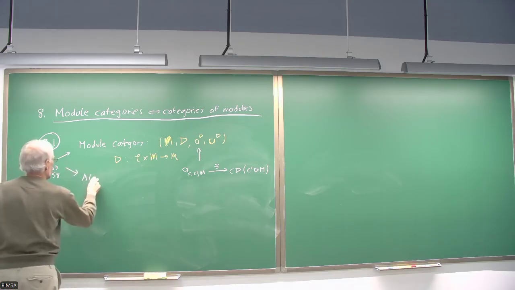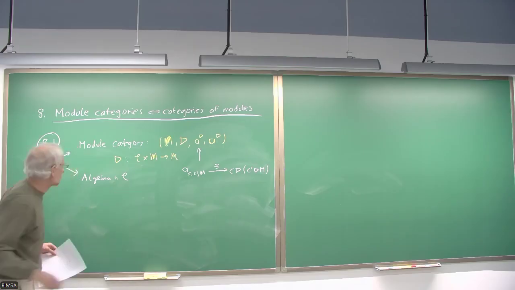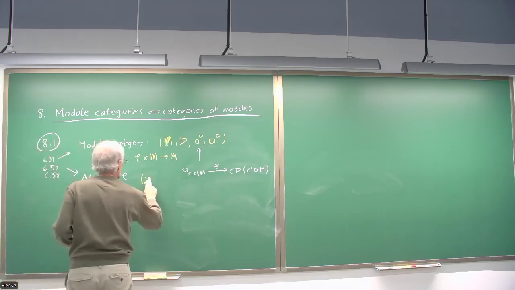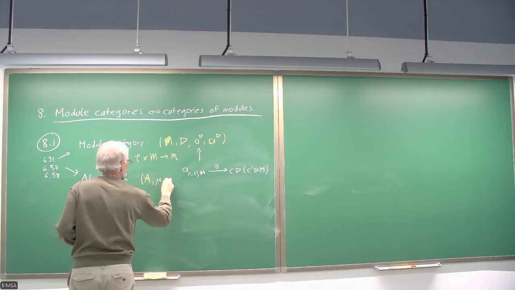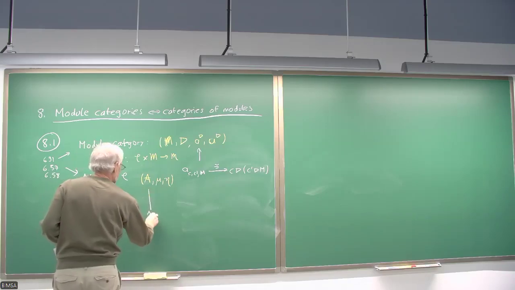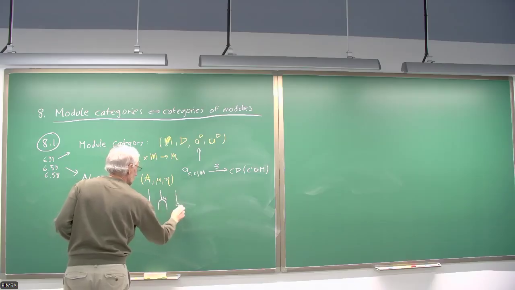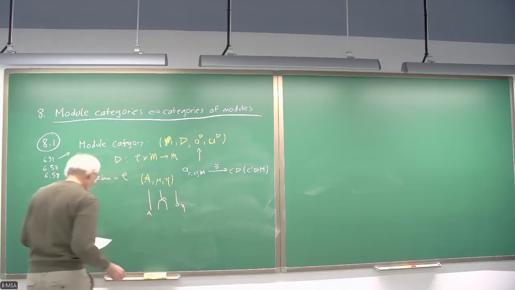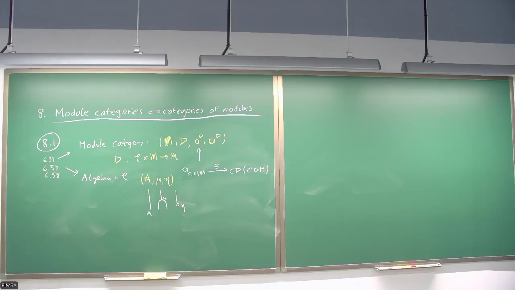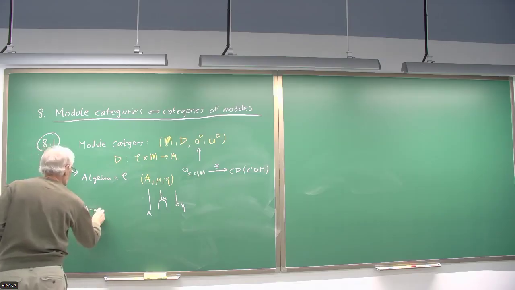Then here I start with an algebra in a monoidal category. This is an object together with a multiplication morphism and a unit morphism, which, remember, in string calculus are denoted in this way. And they satisfy associativity and unit conditions. And then we have the notion of an A module.